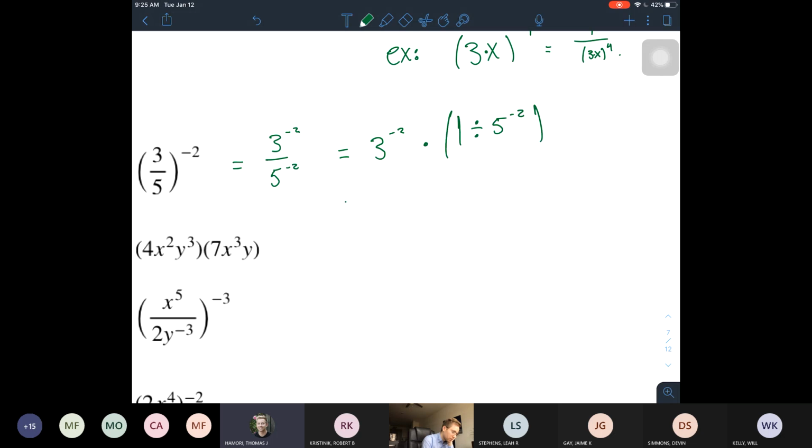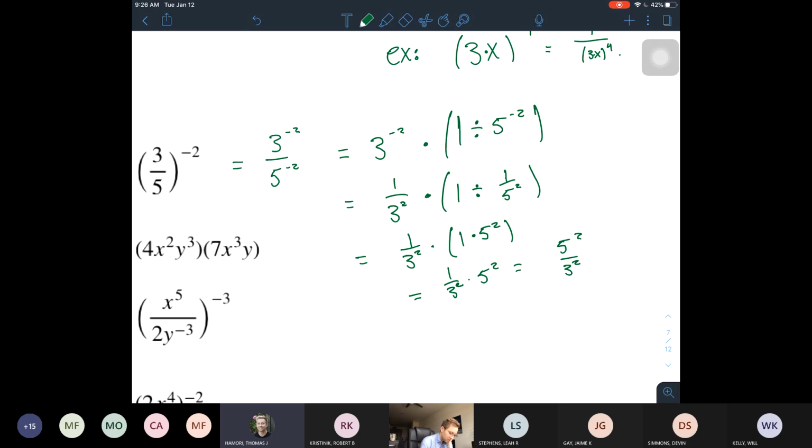I'll rewrite the first one as 1 over 3 to the second power, and I'll rewrite the second thing as 1 divided by, well, 5 to the negative 2 would be 1 over 5 squared. Keep the same thing on this one, and since we divide by a fraction, we'll multiply by the reciprocal instead. So we'll do 1 times 5 squared. And if we were to simplify that, we'd get 1 over 3 squared times 5 squared, which is going to be equal to 5 squared over 3 squared.